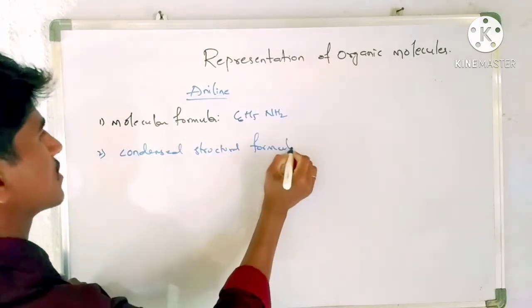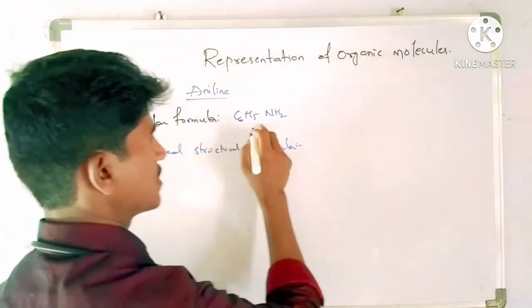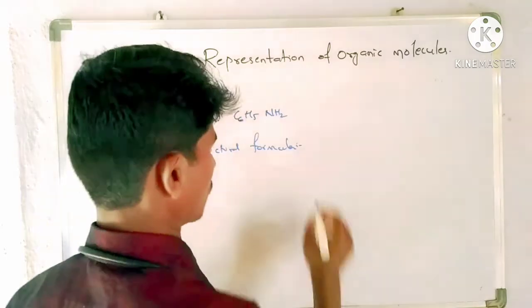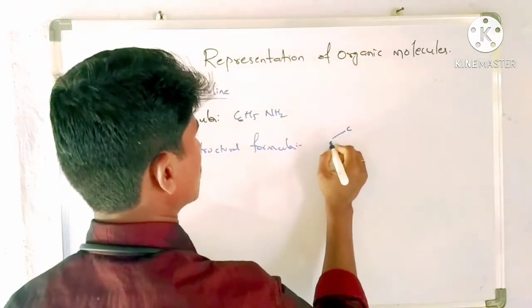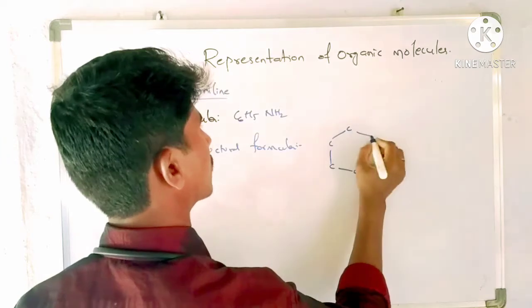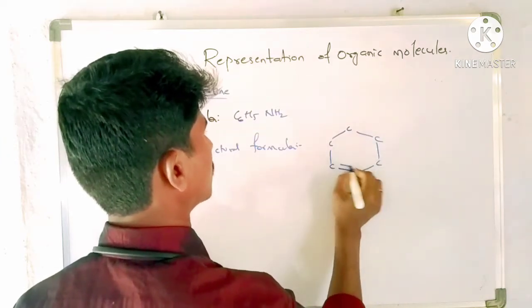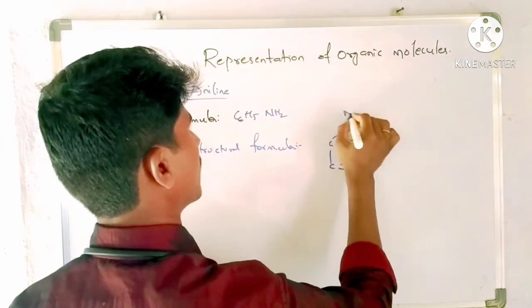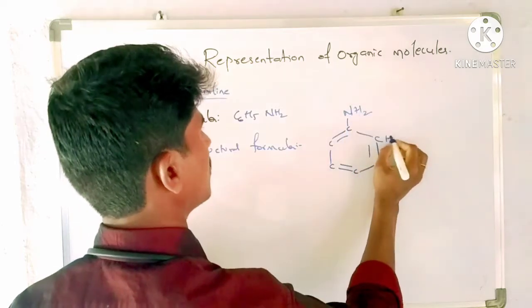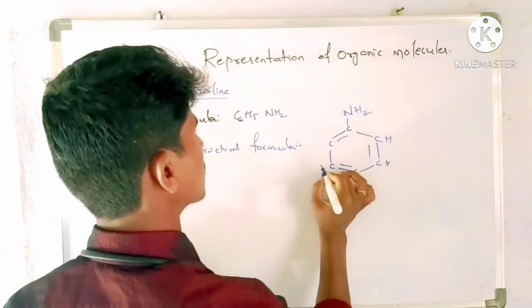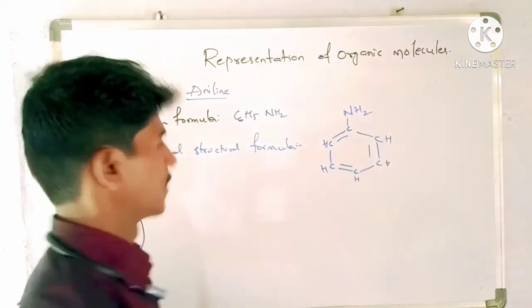Let us see once. In the condensed formula, C6H5 means the phenyl group, and here NH2. This is the condensed structural formula for aniline.